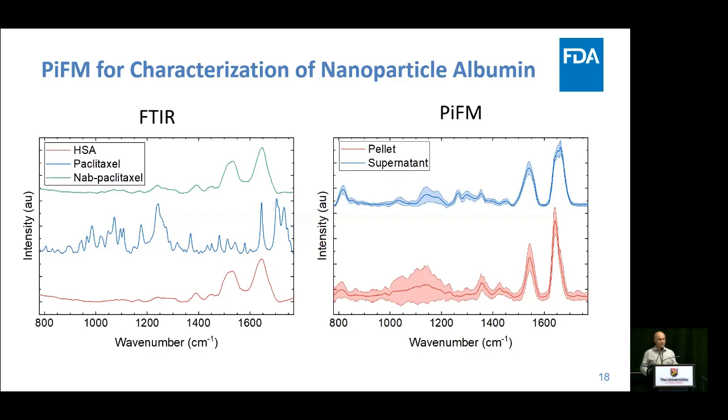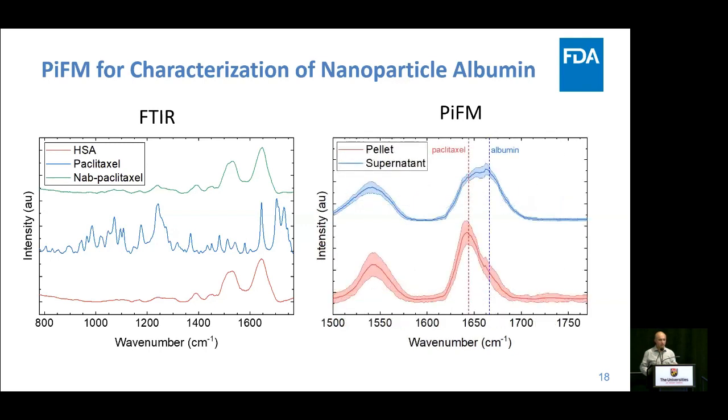So we did the separation with the pellet and supernatant, and collected the nanoparticles. Not super clear here, but we zoom in and trace the paclitaxel peak at 1645 and compare it with the albumin peak. The supernatant really represents the albumin spectrum, whereas the pellet represents a spectrum that's a combination of paclitaxel and albumin nanoparticle.